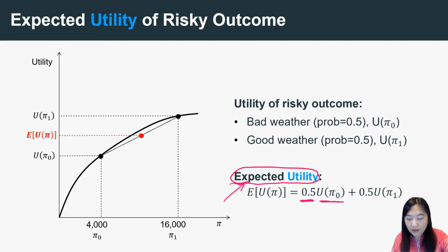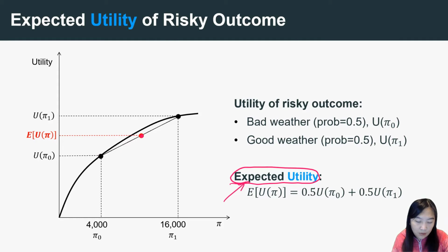So if we're calculating expected utility, then we have this probability times the utility of bad weather happening, plus the probability times the utility of good weather. So here, this point is the expected utility. And pay attention that this point is not on the utility curve. That is because it's the expected utility.